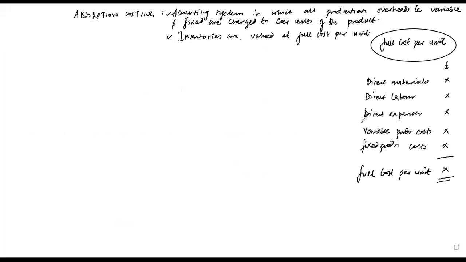So the full cost per unit in this case: we have been given the variable cost per unit in the question as 30.